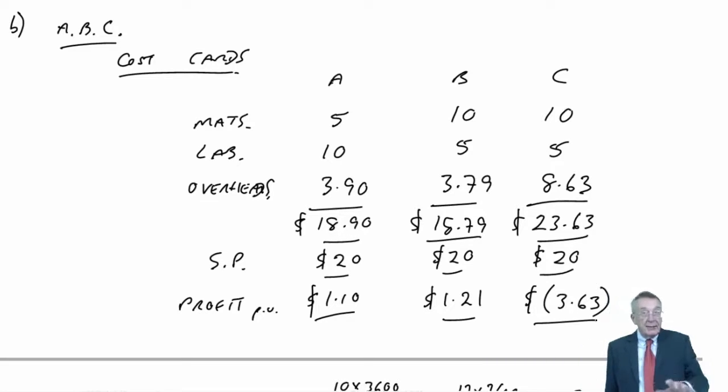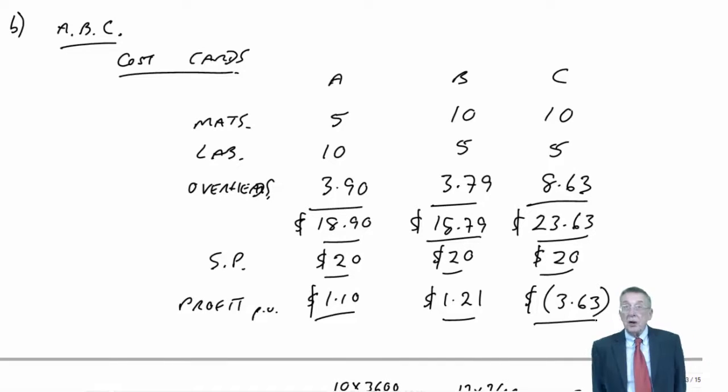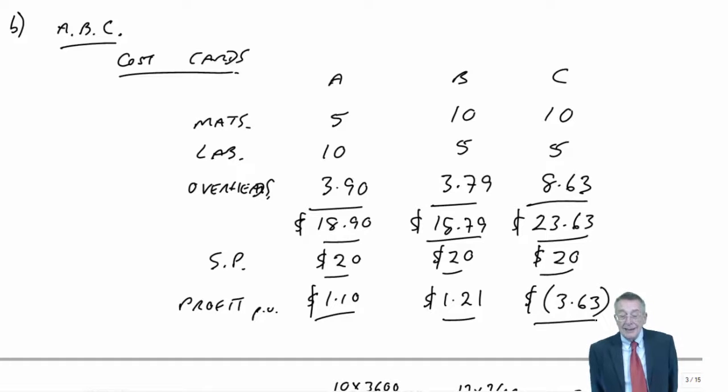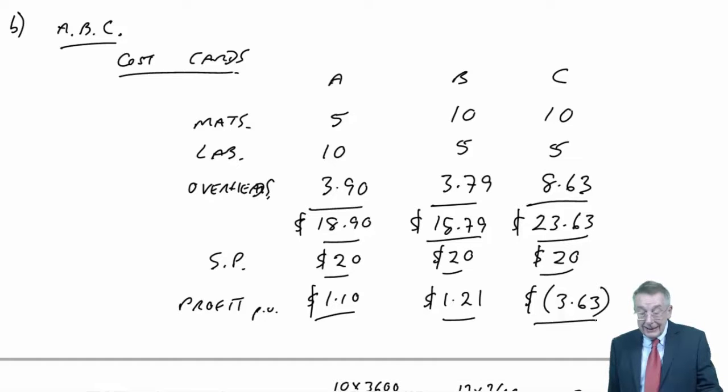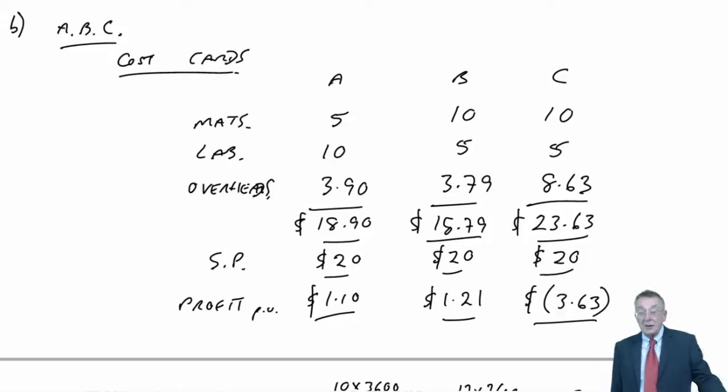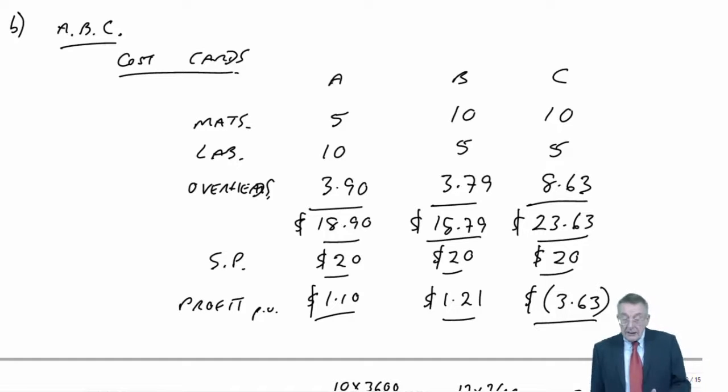And so whereas under traditional absorption costing, it looked as though A was a problem, if you look back, A seemed to be reporting a loss. In fact, under activity-based, which we'll discuss slightly more in a minute, but I think is clearly a better approach, A and B are profitable.